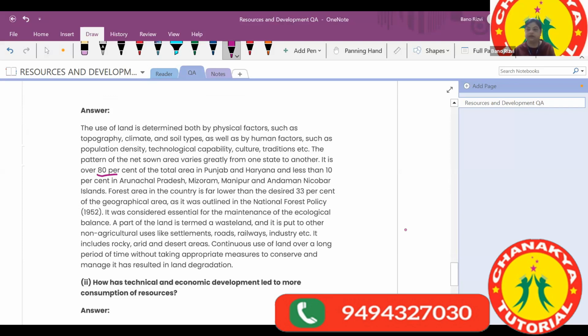These are the cultivable lands, and less than 10% that I told you we had seen in Arunachal Pradesh, Mizoram, Manipur, and Andaman Nicobar Islands. Now, forest area in the country is far lower than the desired 33% of the geographical area, as outlined in the National Forest Policy of 1952.